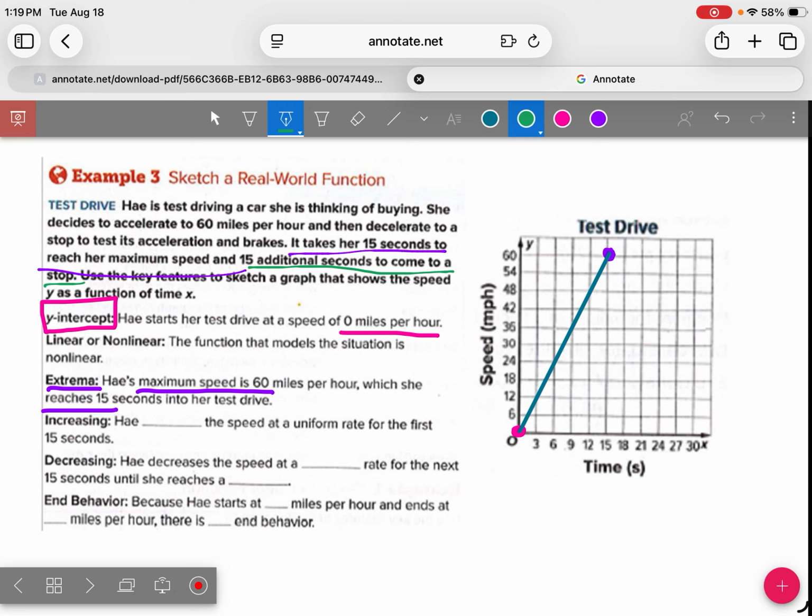If she was speeding up until 15, and then she takes 15 more seconds to get all the way down to a stop, 30 seconds. And how fast is she going when she stops? If I'm stopped, how many miles an hour am I going? 0. So she stops here.